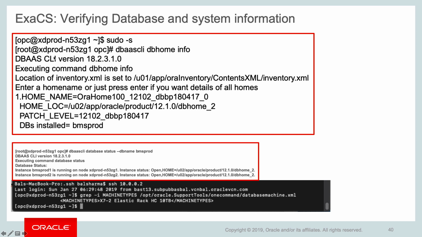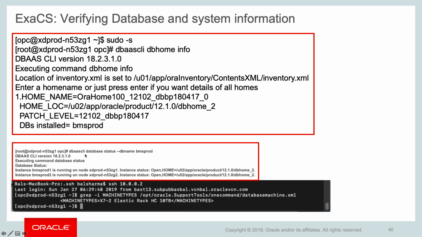So it shows me the dbaascli version is 18.2310 and all the details about my database home, the location, the patch set level which we selected during provisioning, and the database name which we created. And this cloud tooling can be updated regularly. It is good practice to update it.